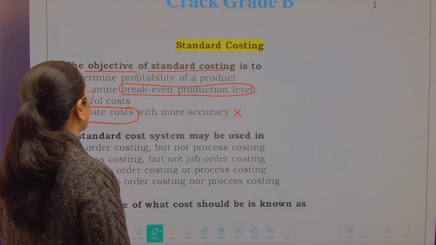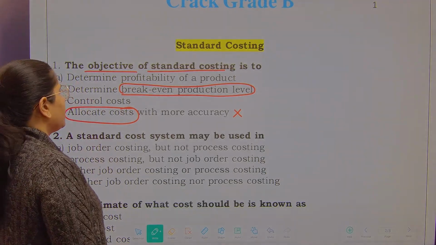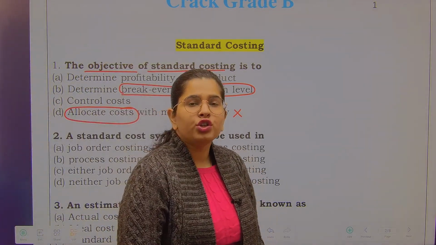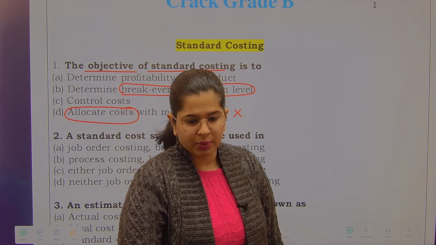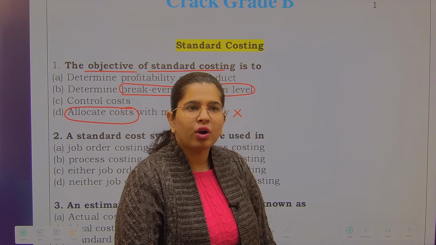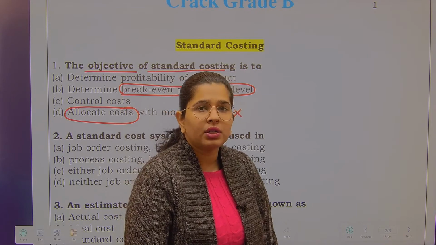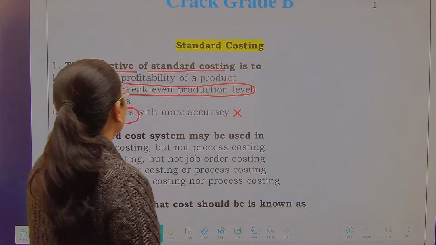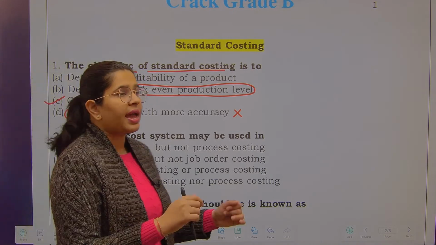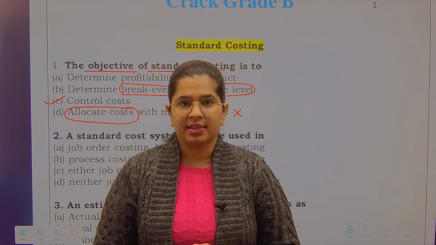Now the two options which are remaining with me are, number 1, determine the profitability of the product, and number 2, control costs, right? So what should be the correct answer as per you under this question? See, I do not aim to find out the profitability of the product, right? What my particular aim under standard costing is to control the costs, because under standard costing I find out variances, right?